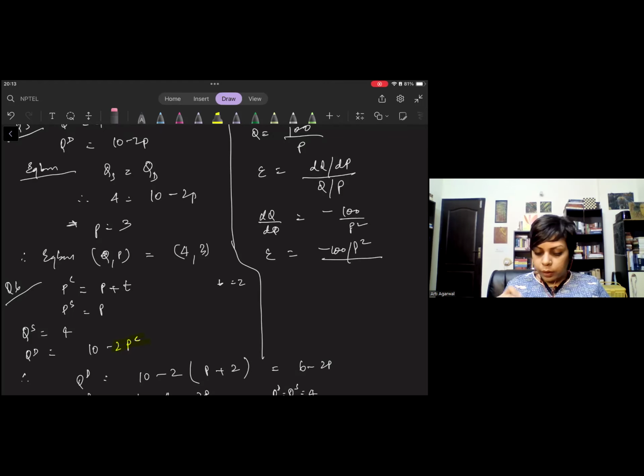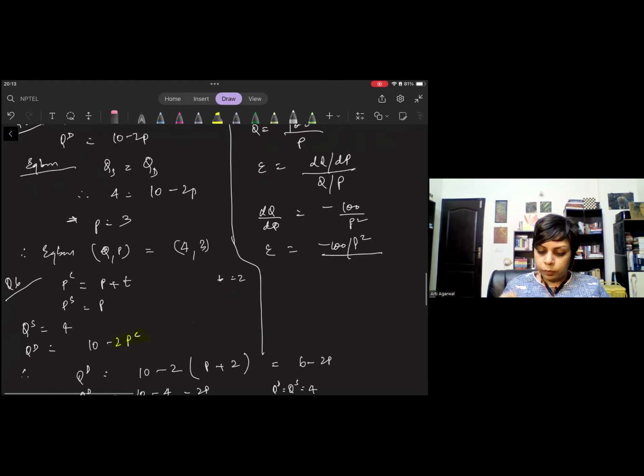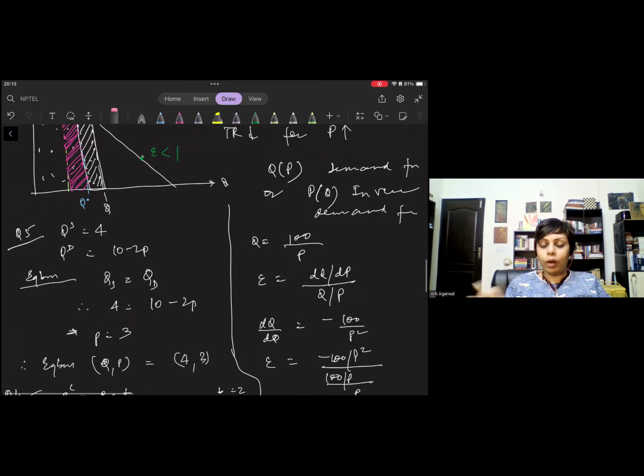Okay, let's plug in the value of q, 100 by p, divided by p. So this becomes p square. In this case, actually, it is coming out to be 1, but it will not always be this case, right? I'm just showing you how it is calculated.